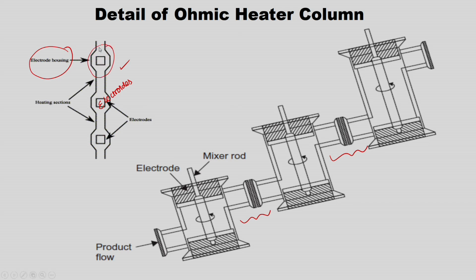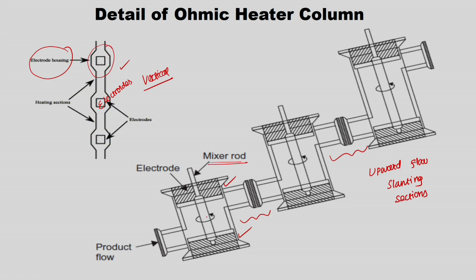And here another one you can see. This is vertical, to take care of the upward flow. This is the slanting section. Here you will find 2 electrodes, and also a mixture rod.